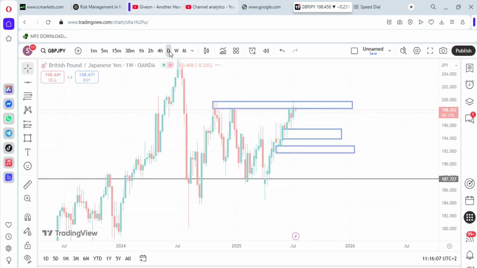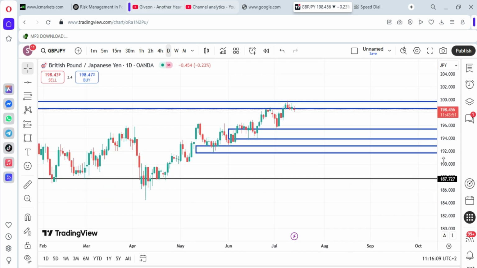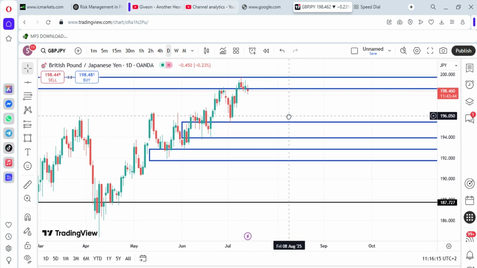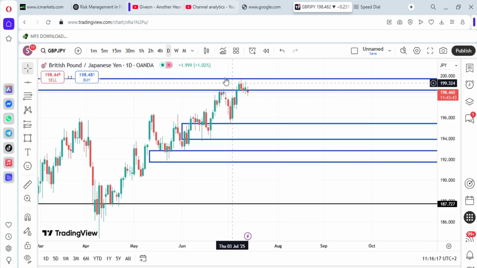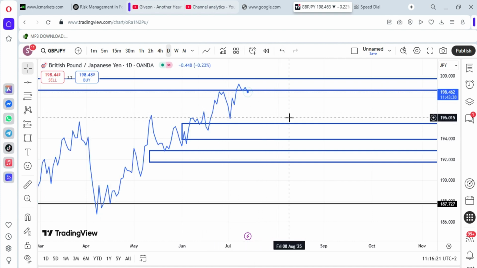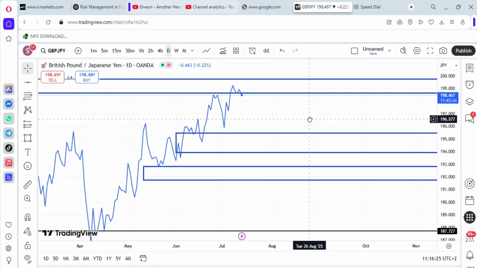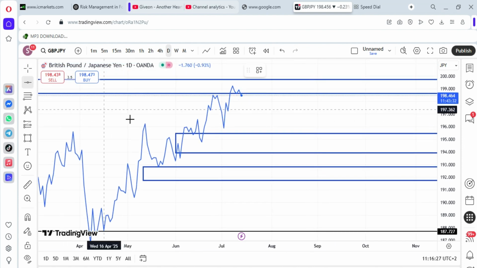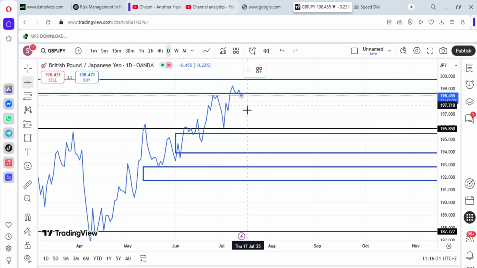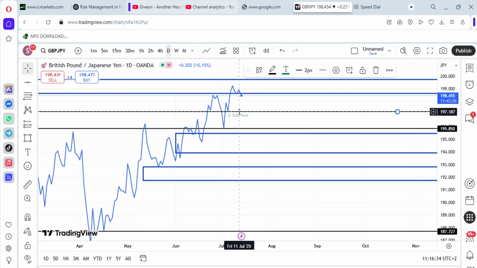When you go to the daily, you should also look for the key levels in the daily. You can see in the daily that we have this level over here, danger zone, and a danger zone over here.